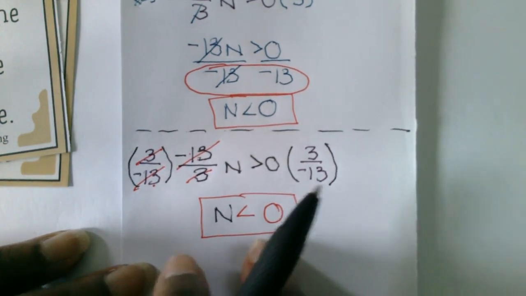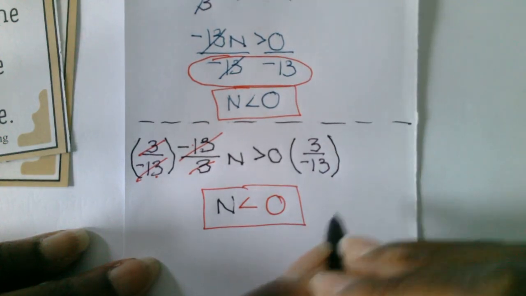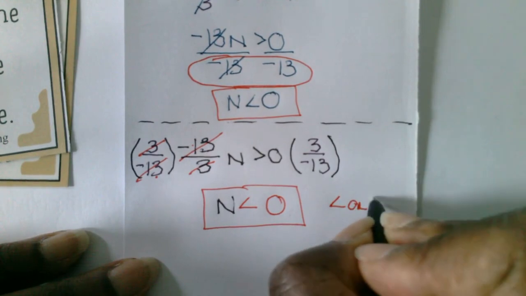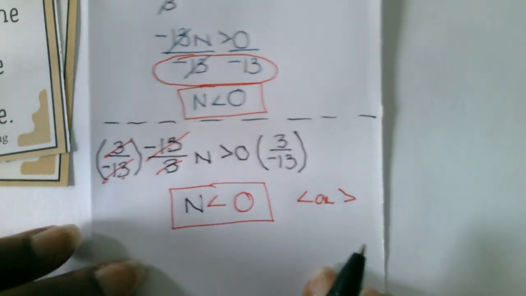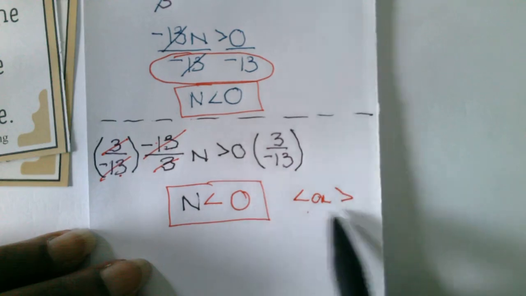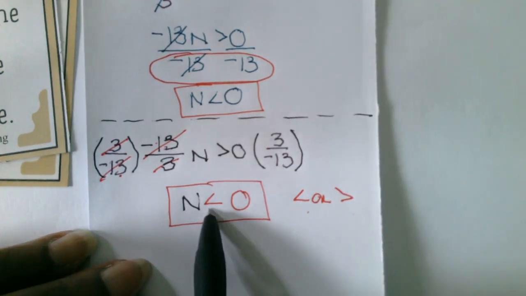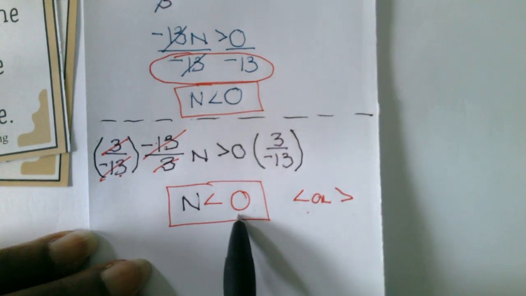Why would it be open? Excellent. When you're dealing with less than or greater than, you're not including the number. So we're looking at numbers that are less than 0, not including it.